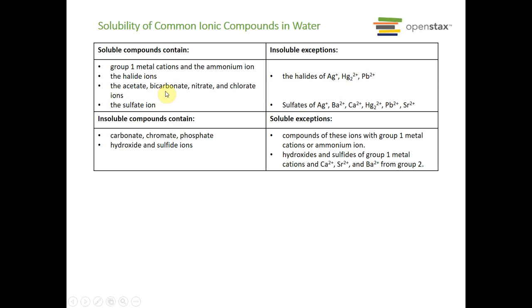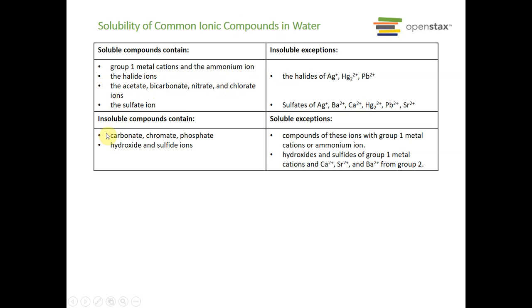The acetate, bicarbonate, nitrate, and chlorate have no exceptions. So group 1 metal cations and ammonium, acetate, bicarbonate, nitrate, chlorate ions, any compounds that contain these are soluble. The halides are mostly soluble, and the sulfates are mostly soluble with these exceptions.